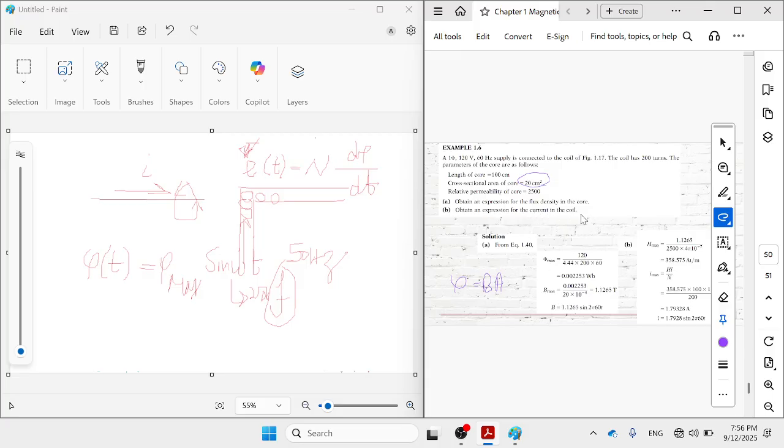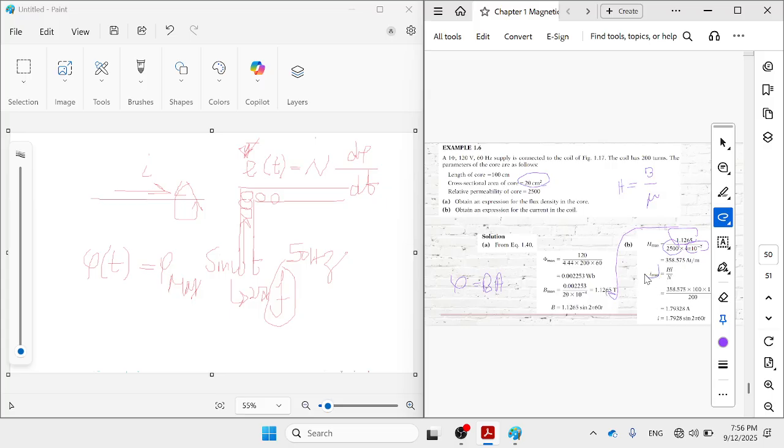In the next part, they ask how we can find the current. Based on the formula, we know H, sorry, B, we can get B over mu, correct? So the mu is mu r times mu 0, and this is the value for B max, correct?